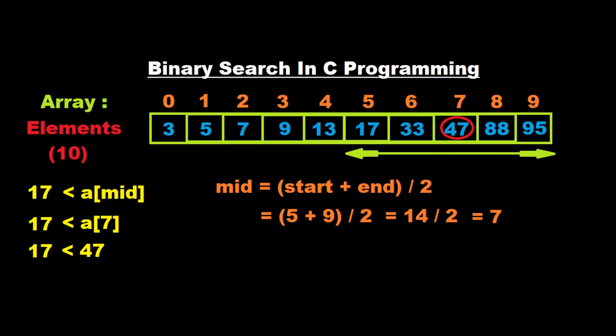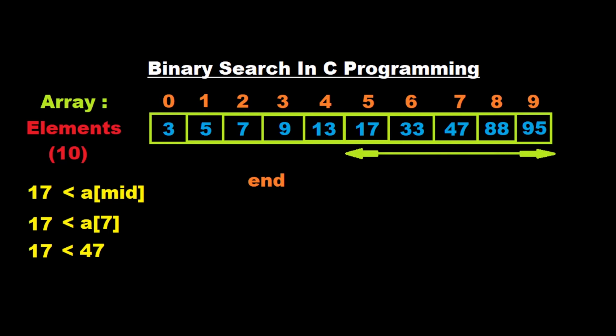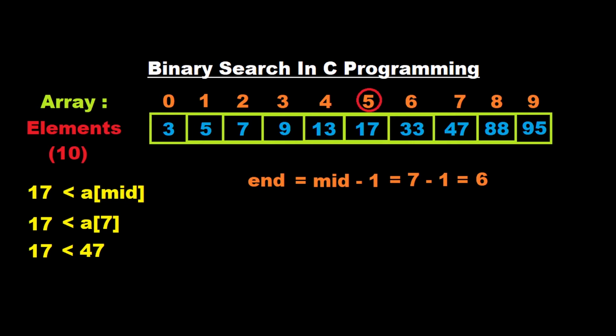So now, because it is less than the mid value, what we will do is we will change the formula for end. End equal to mid minus 1. That is 7 minus 1 is equal to 6. So we have start equal to 5 and end equal to 6. And this is our new array.